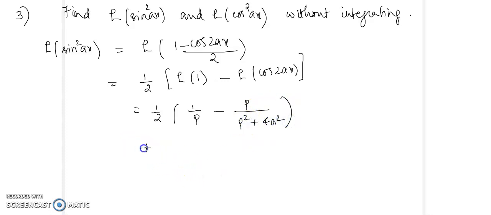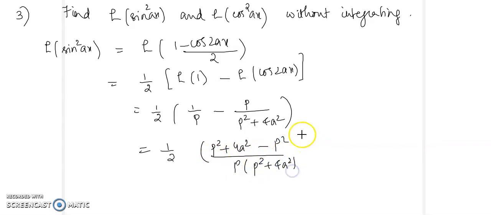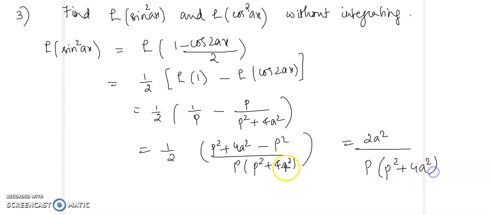So that will be equal to 1 by 2 [(p square plus 4a square minus p square) by (p into p square plus 4a square)]. So here p square will cancel off. You will get 2a square by p into (p square plus 4a square). So that is the required Laplace transform.